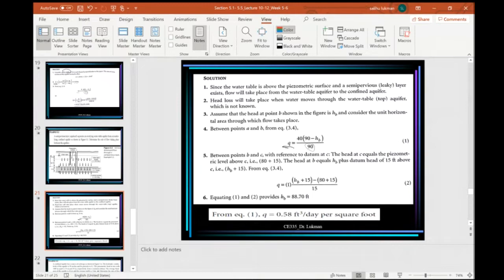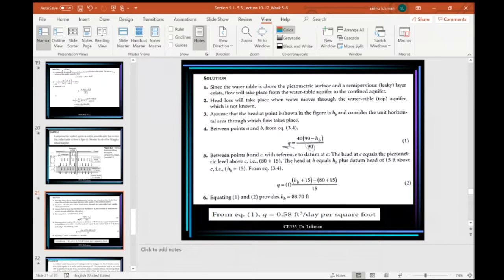Having generated this, we now go ahead and consider B and C, that is the semi-pervious layer. Between points B and C, with reference to datum C, the head at C equals the piezometric level above C. That is 80 plus 15.